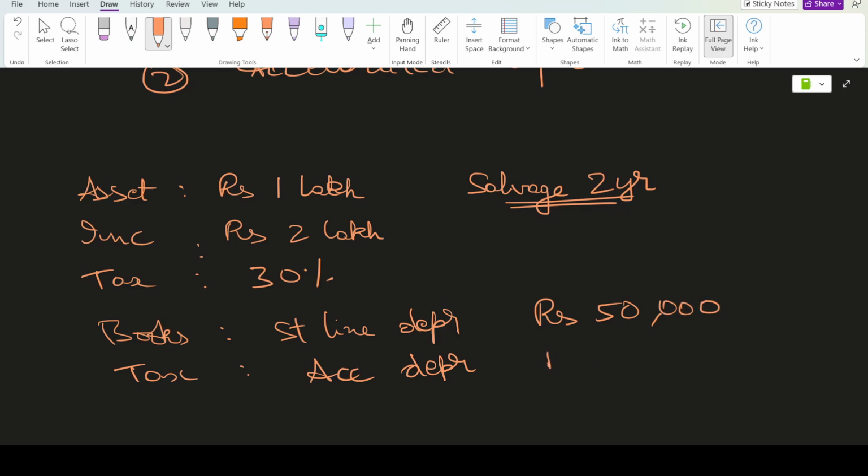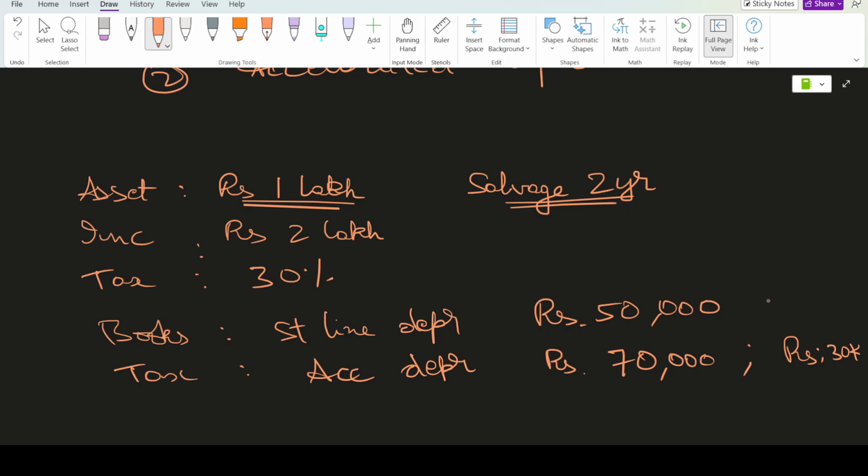And for tax purposes, we are accelerating the depreciation. For the first year, the depreciation is 70,000. And next year, since we are deferring the tax liability, it should be 30,000. All in all, the depreciation will be equal to the asset value. You need to understand this: the depreciation cannot be greater than the asset.